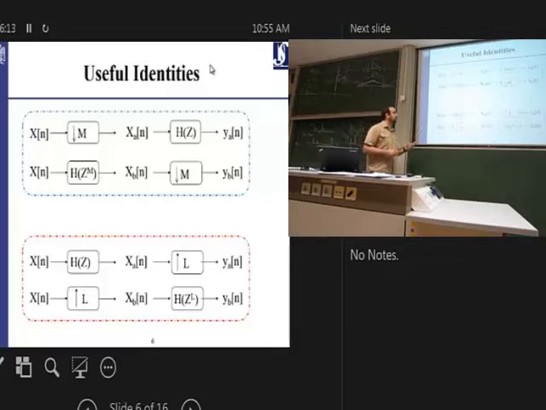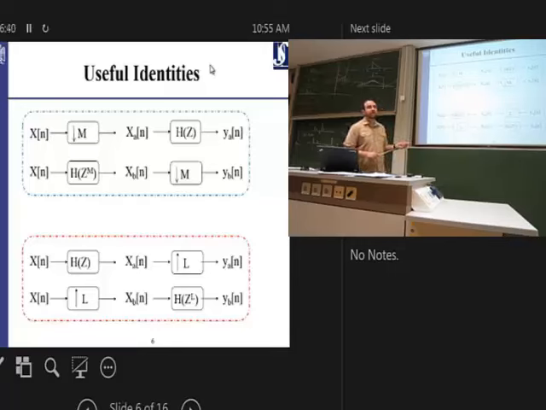So the noble identities, what they say is, if you have a signal x of n, you pass the signal through the downsampling with the ratio of m, then you have something like xa of n. And then if you pass it through a filter, which in the z domain is represented by h of z, then you have the output ya of n.